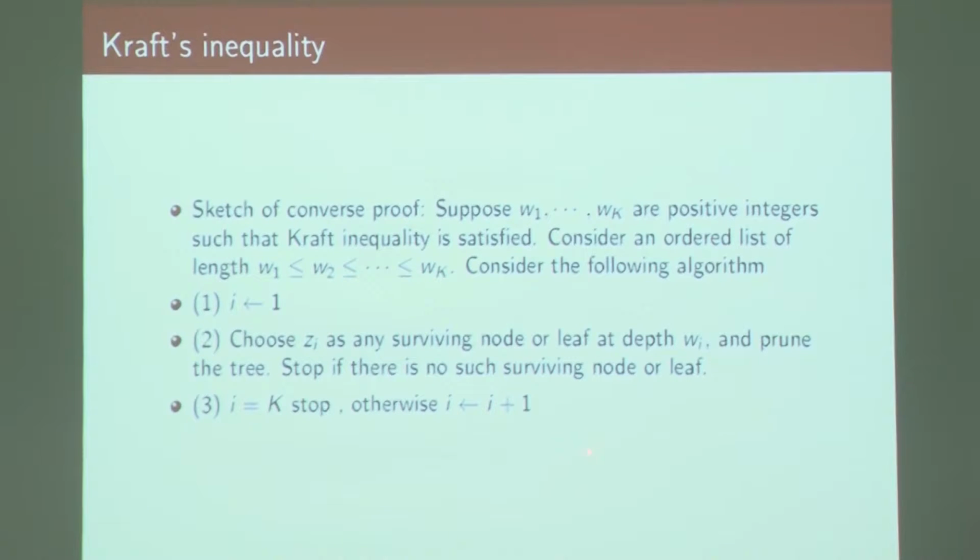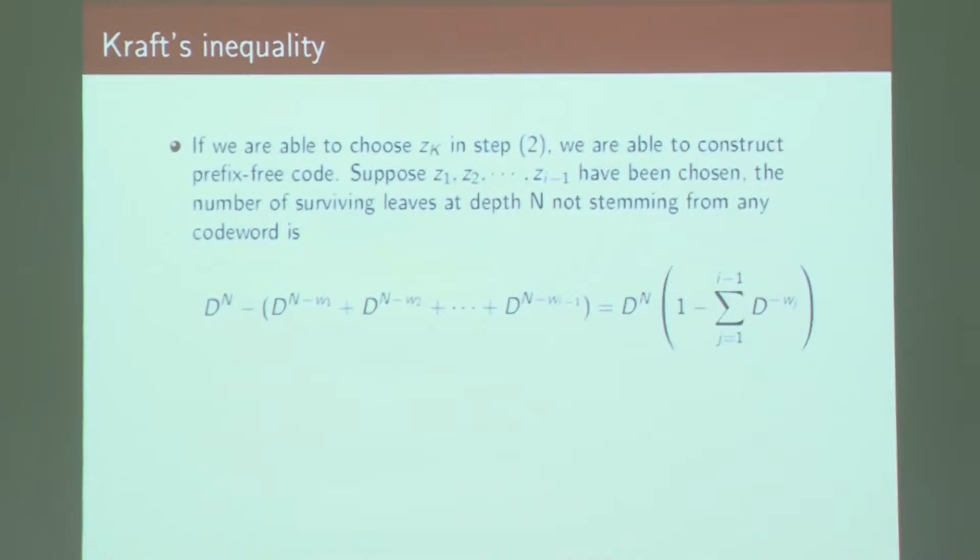I stop if there is no surviving node or leaf, otherwise I continue, and I do it for all k. Let us say we are able to choose Zk in step 2; then we are able to construct a prefix free code.